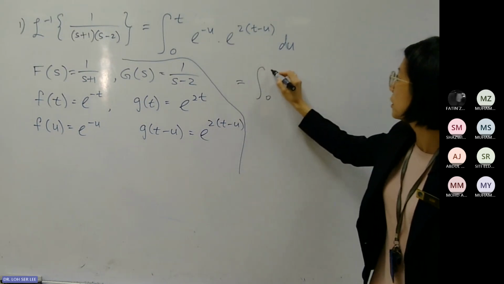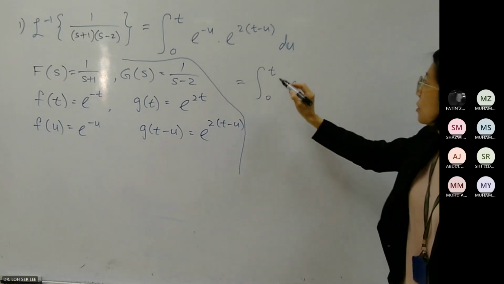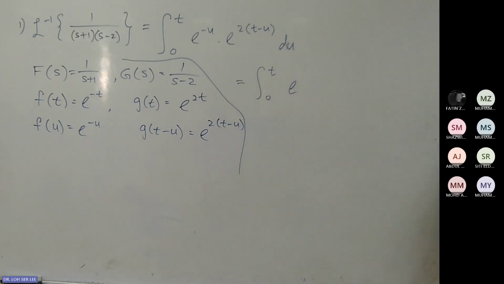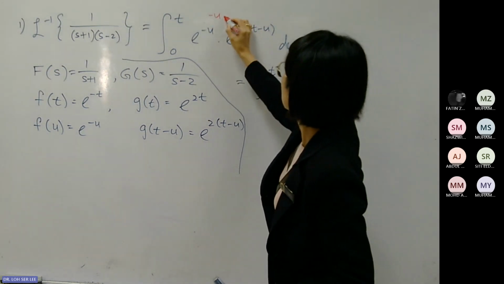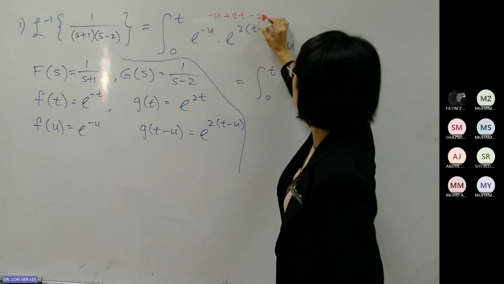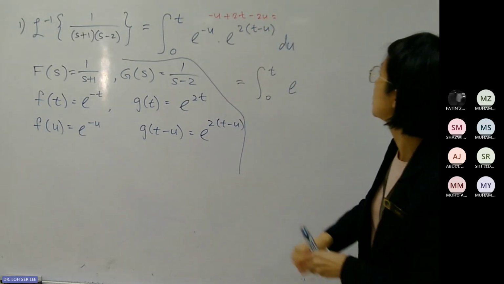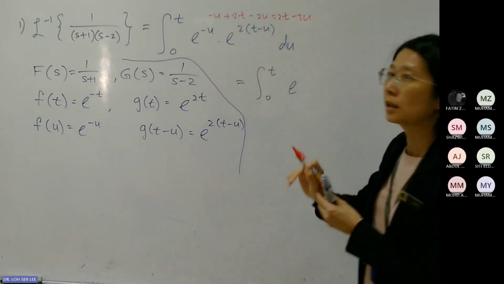Before you integrate, you can combine two e's into one. So what is the new power? You have negative u plus 2t minus 2u, so 2t minus 3u, right?